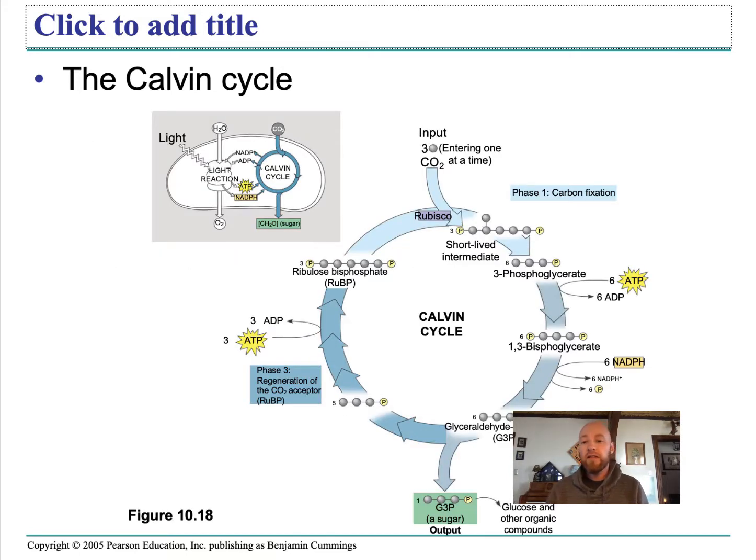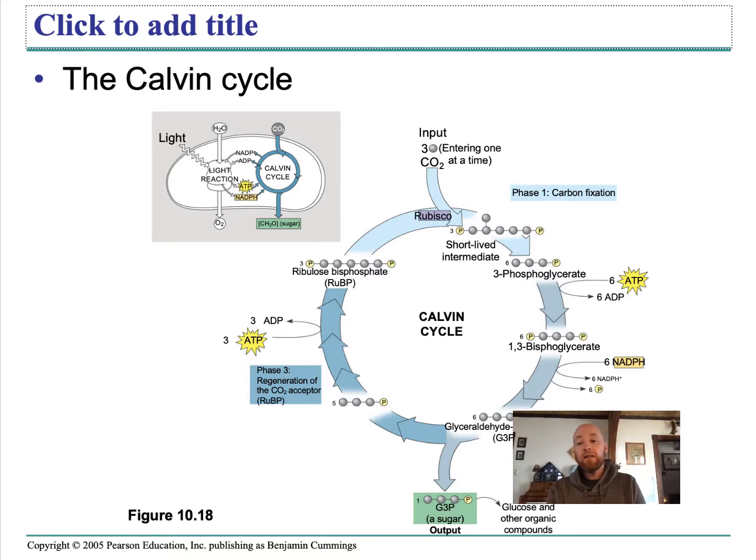So here everything is. You can see the carbons, CO2s, enter. There's an enzyme, rubisco, which is able to grab that CO2, and along with a molecule of RuBP, the rubisco is going to be able to take a CO2 and stick the CO2 onto RuBP.